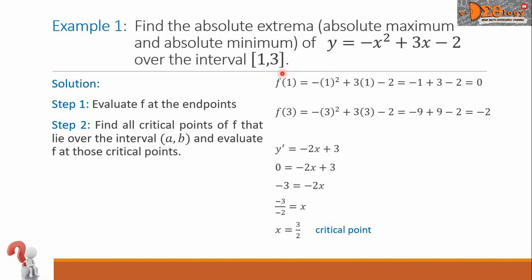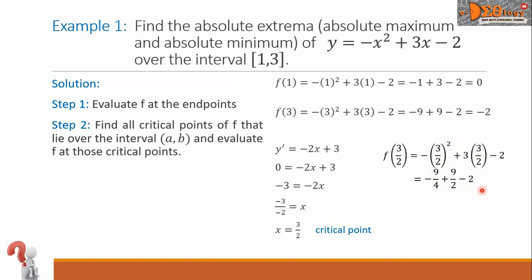Next, let us evaluate the function with respect to this critical point. So we have f of 3 over 2. And this is now equal to the negative of the quantity square of 3 over 2 plus 3 times 3 over 2, then minus 2. Simplifying further, this expression becomes the negative of 9 over 4 plus 9 over 2 minus 2.